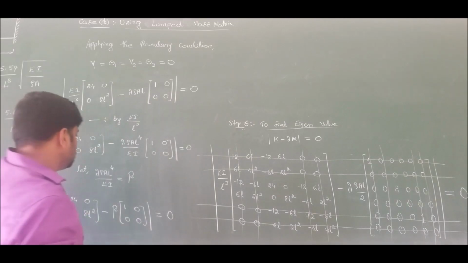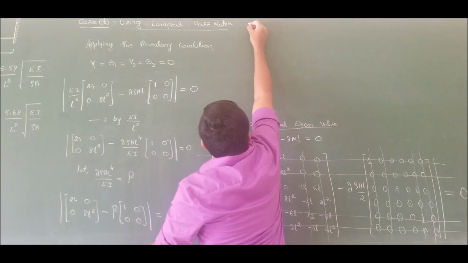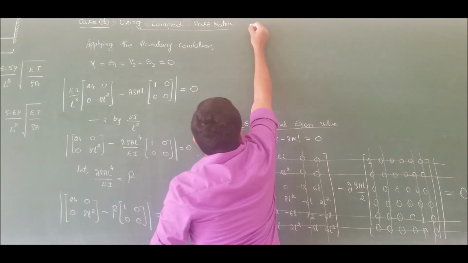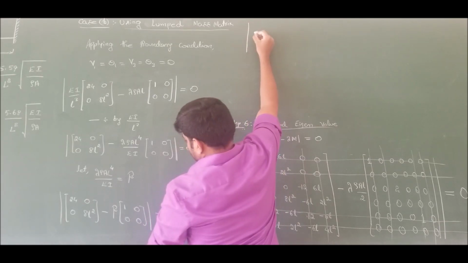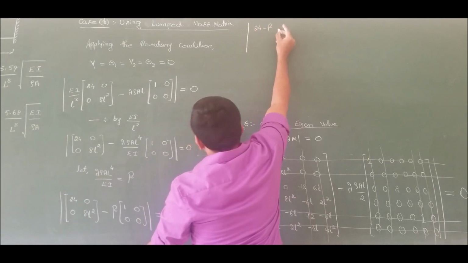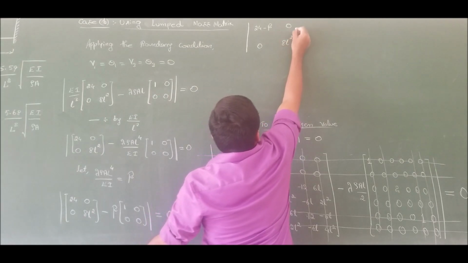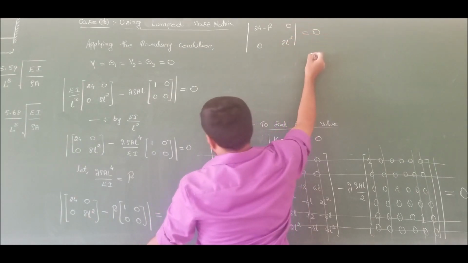Further simplifying this determinant, I will get the determinant of [24 minus beta, 0; 0, 8L²] must be equal to 0.